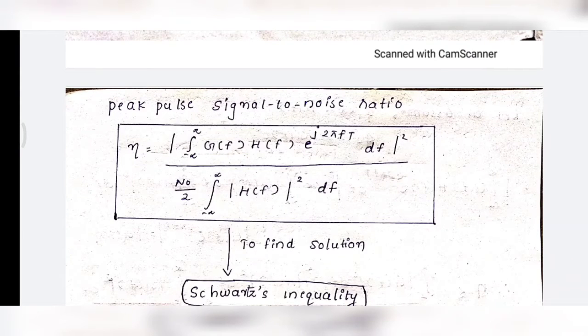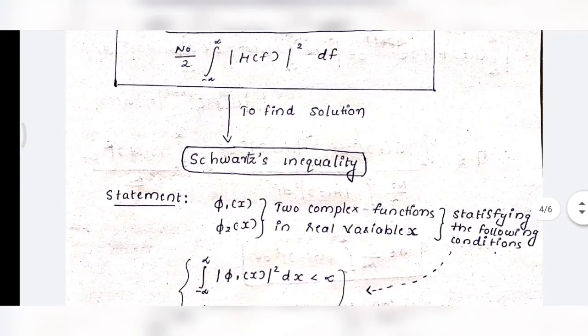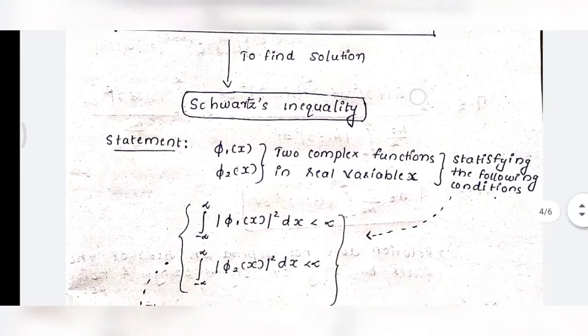Here, numerator terms can be solved using Schwarz inequality. According to this, phi 1 of x and phi 2 of x are two complex functions in real variable x. And these complex functions satisfy the following conditions.